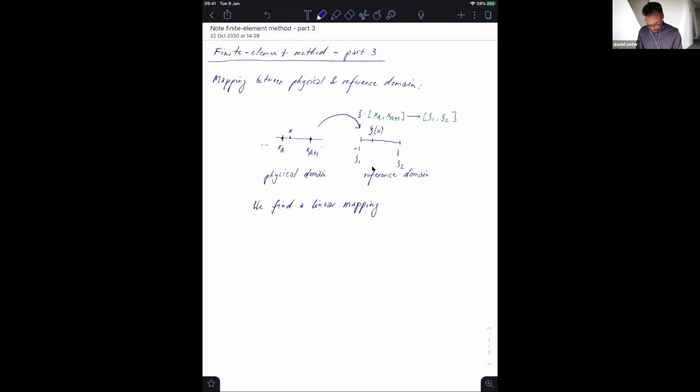So let me put down the linear mapping. So the linear mapping is xi of x, which if it's a linear one, we can write it as 2x minus xa minus xa plus 1, divided by the element size ha.